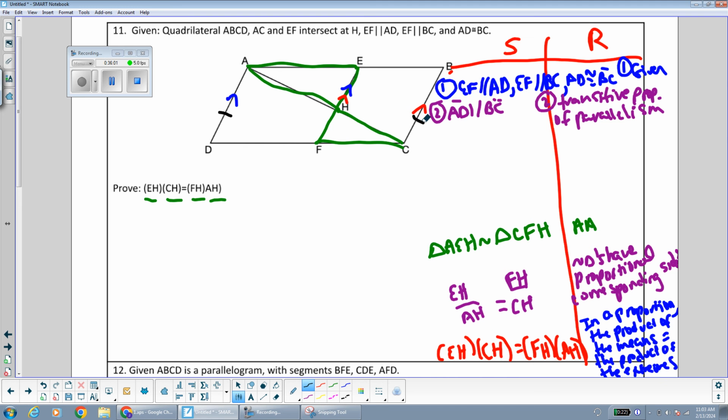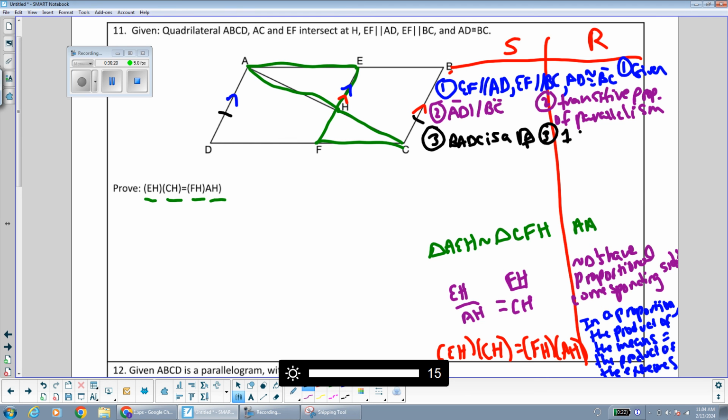And look, now I have a parallelogram. So I know, and I'm going to put that over here, that quadrilateral BADC is a parallelogram. And I'm just going to abbreviate here.